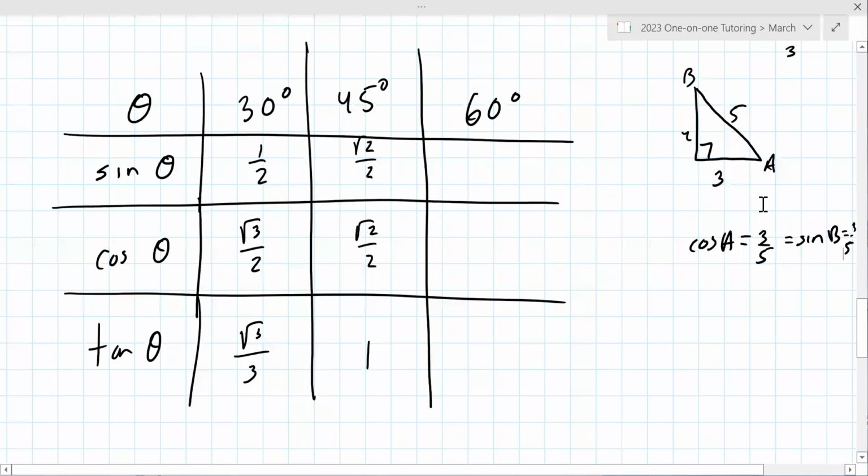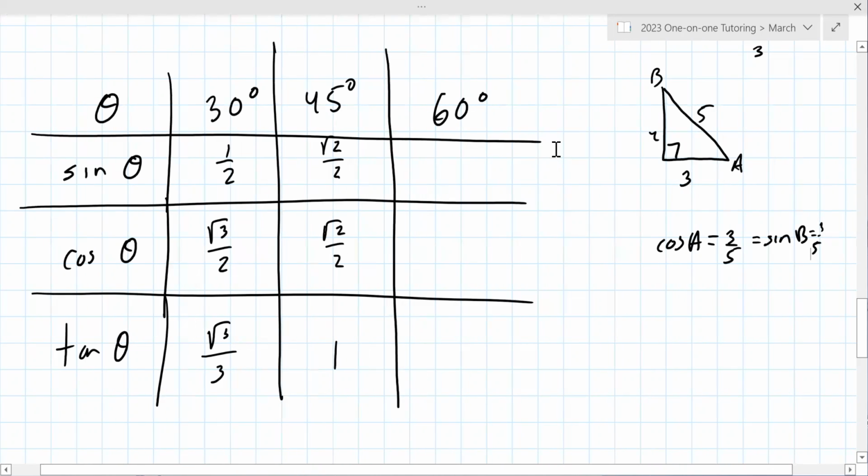Yeah, I sort of remember. This is just a generic triangle. This is just a nice Pythagorean triple triangle, 3, 4, 5. Cosine of A. Do you agree that the cosine of A is 3/5, adjacent over hypotenuse?